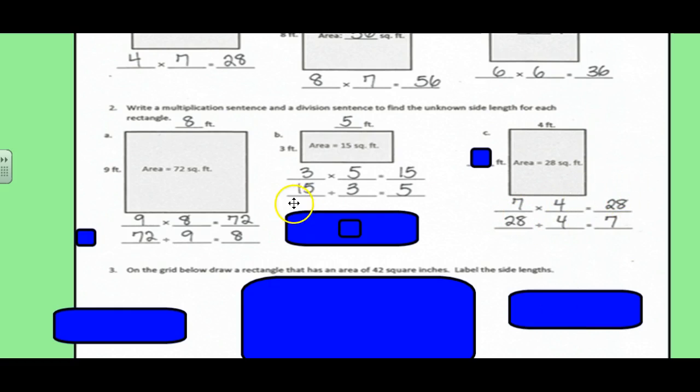On your multiplication equations, it is okay if you had 5 times 3, and it's okay if you had 4 times 7, but your division equations did need to look like these because your division equation needed to be equal to what the missing side length was. But on your multiplication equation, it was okay if the factors were in a different order.